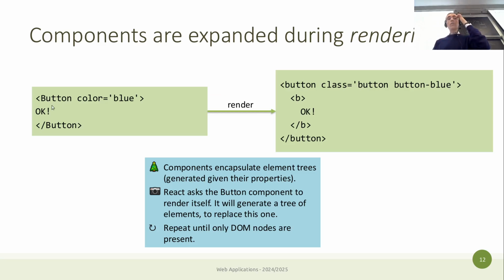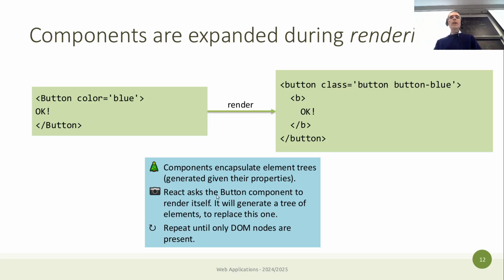So if Button returns a button with class B, etc., that's the stuff that will be substituted for the start tag and of course the end tag. And if you say to put the children inside, what is inside will be put here as children of what you returned from the function.